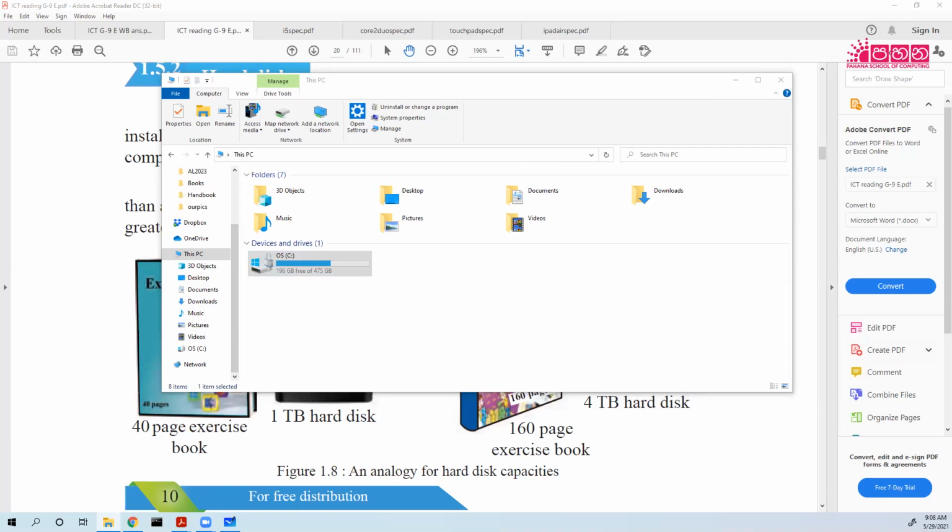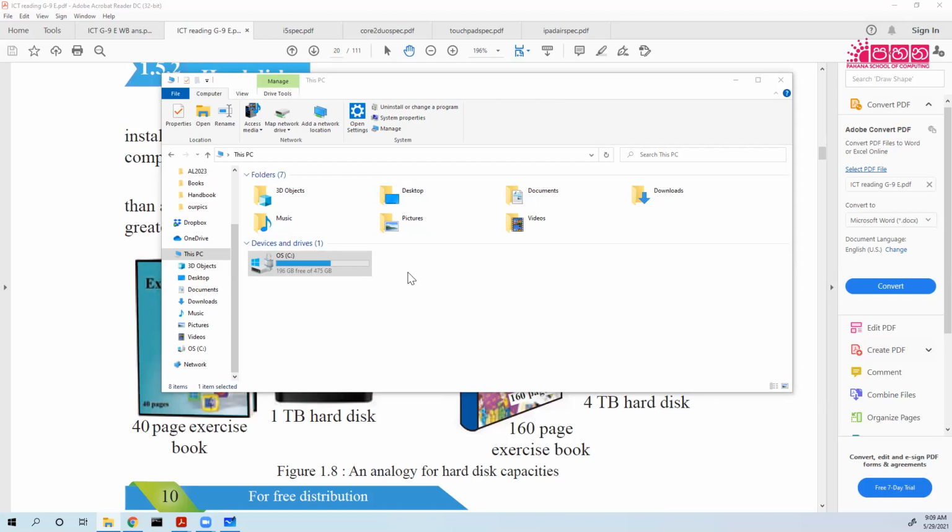Yes, Dhananji, what is the size of the hard disk of your machine? 310 gigabytes. Do you have one partition or 2 partitions?